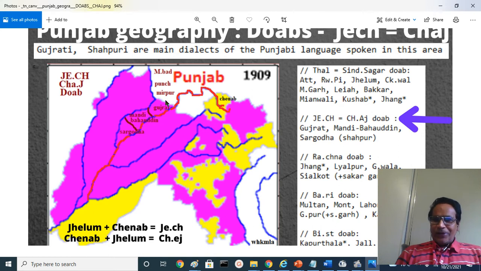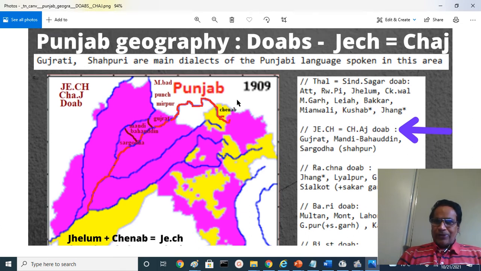These are the districts in the Chaj Doab or Jech Doab. Even though on the east side of the river, Muzaffarabad district, Poonch district and Mirpur district are present in the Jammu Dogra Maharaja's territory, and Hazara district of Haripur, Mansehra and Abbottabad are now in West Punjab, they are not really considered part of Jech Doab or Chaj Doab.